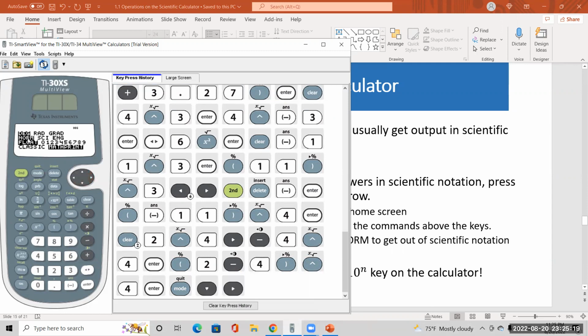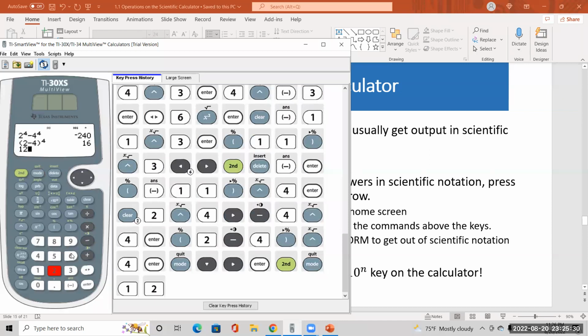If we go down and go over to scientific and press enter, and then we press second quit, it'll give us anything that we want in scientific notation. So if I want 1,269 in scientific notation, I can just type that number and press enter, and it's going to give it to us in scientific notation. Hopefully everybody's watching this. That's going to save you a lot of time on a test at some point. Calculator can do it for us.